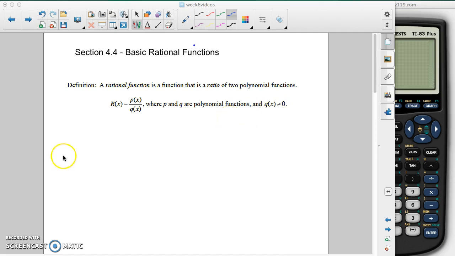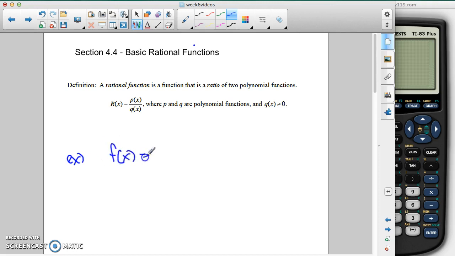So an example of a rational function would be something like this: f of x equals 3x over x squared plus 2. 3x is p of x, and q of x is x squared plus 2.